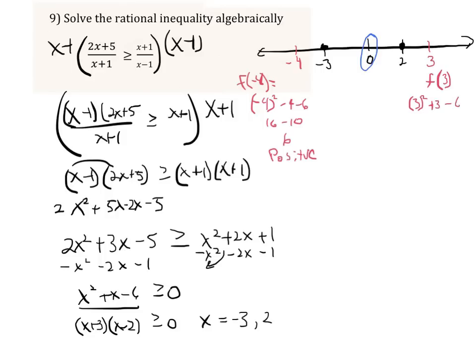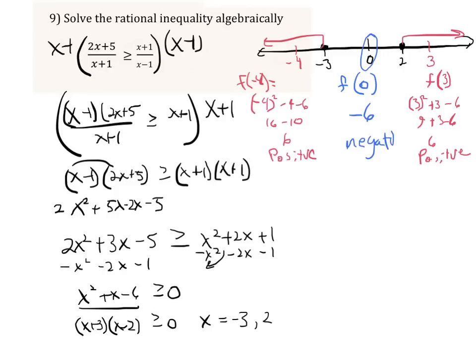So we get 9 plus 3 minus 6 is 12 minus 6, which is 6. So positive to the right. So what we're saying is everything to the right and to the left now looks to be positive. And just to be certain, we plug in f of 0. And f of 0 would leave us with negative 6. So that'd be negative. Which is not what we wanted.